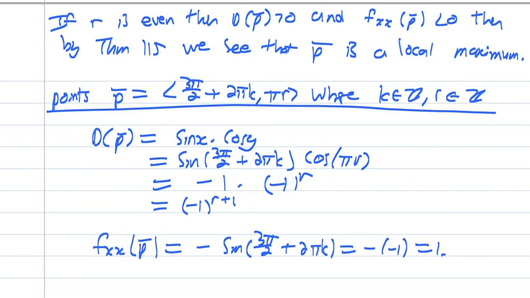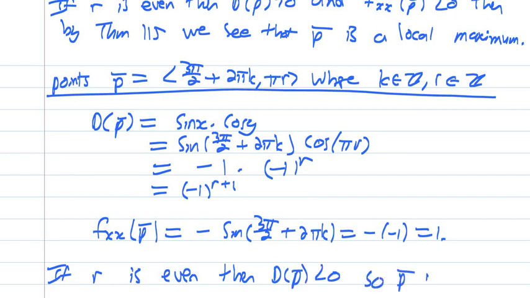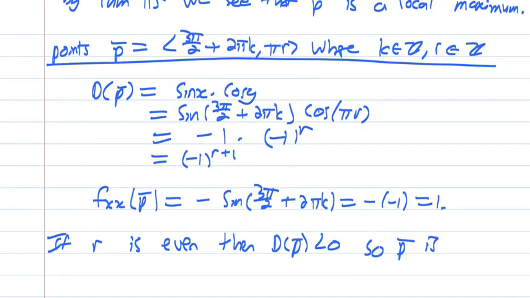Now we have enough information to use theorem 115. Again, if r is even, then an even number plus 1 is odd, and minus 1 to the power of an odd number is negative. So d at the point P will be negative, so P is a saddle point. This is the nice thing: the moment that d is negative, we can stop and immediately say P is a saddle point. But we are not done.